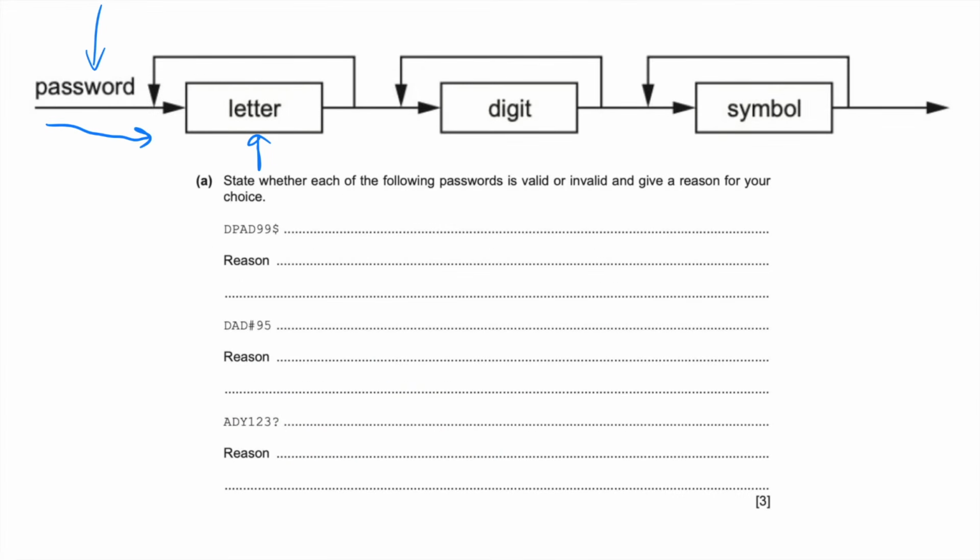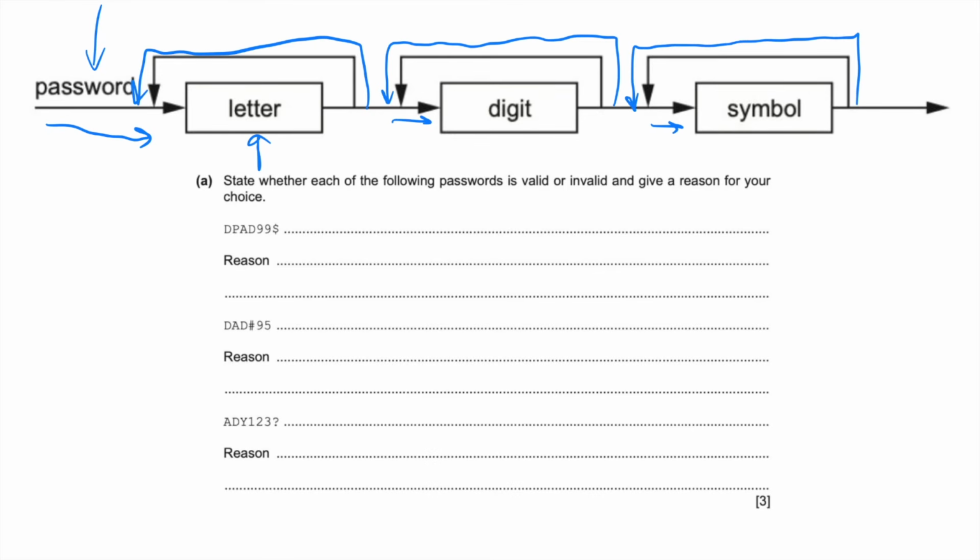The first thing in a password is going to be a letter, but we have this looping symbol, and that means we can have as many letters as we want. After those letters, we need a digit, and we can have as many digits as we want, as denoted by this looping symbol. Then we have a symbol, and we can have as many symbols as we want, similarly denoted by this looping symbol.